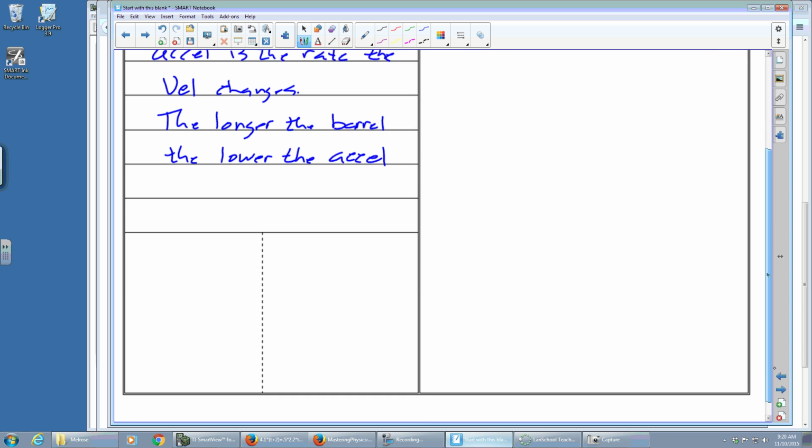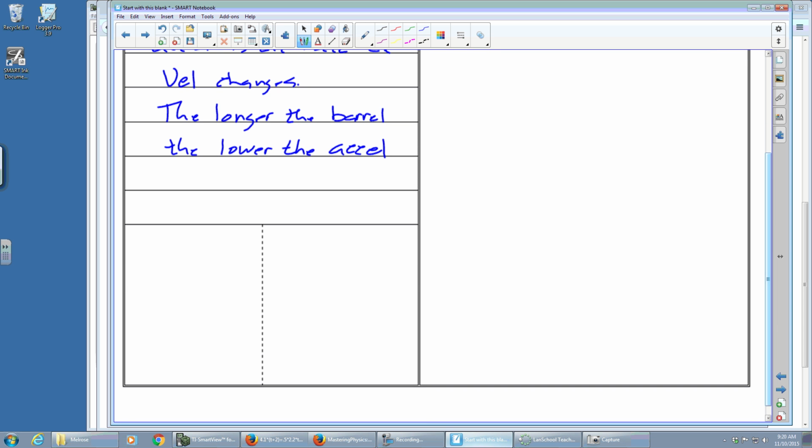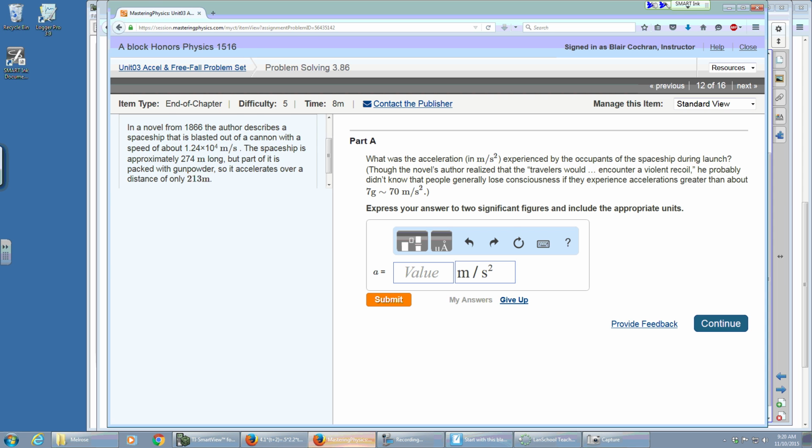What I might draw is my cannon, and this distance, we say it starts at 0 meters. This end is what, 213?